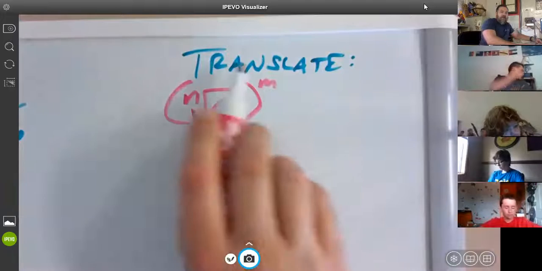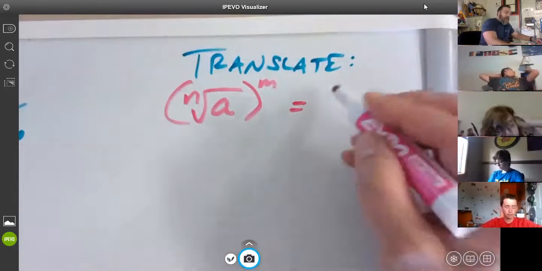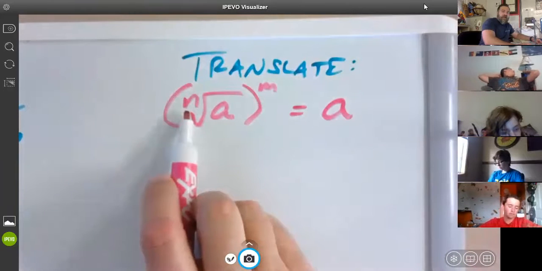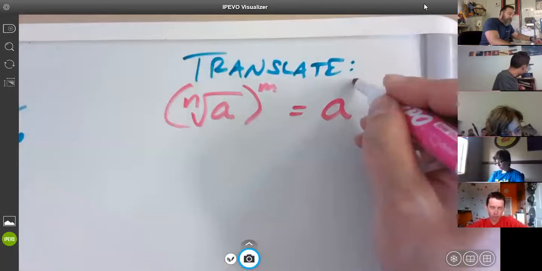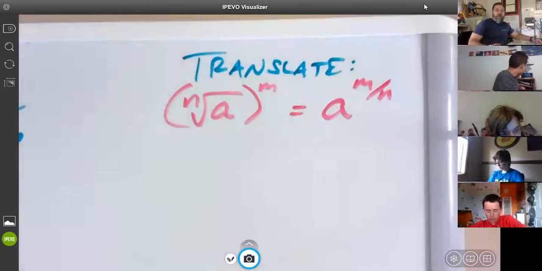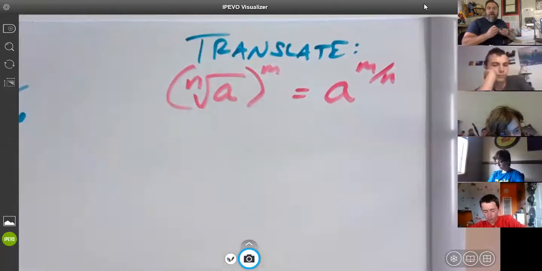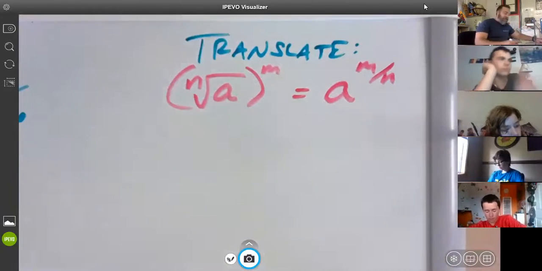This in radical form, because there's my radical symbol, is going to equal in rational exponent form a to the m over n. That's still the denominator, but now this becomes the numerator, whatever value this is. And so this is the property we're going to be basically doing time and again in this translation. Again, the practice of it is really quick, especially for these first couple problems, where you're just kind of rewriting one as the other.